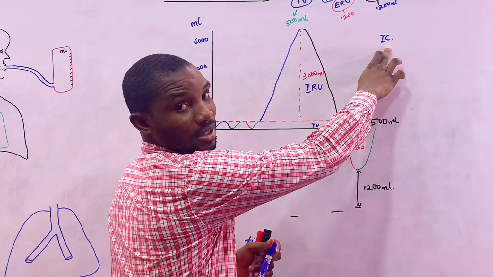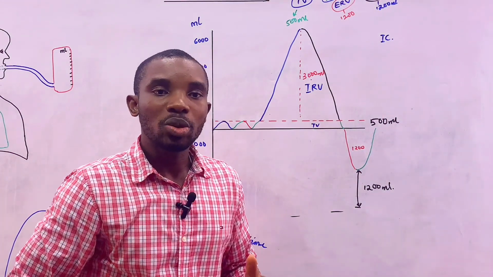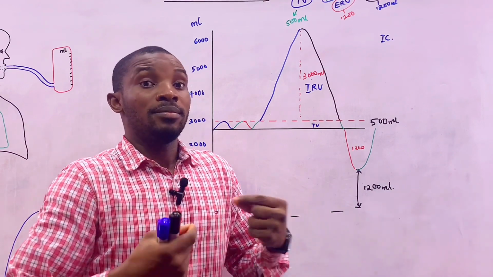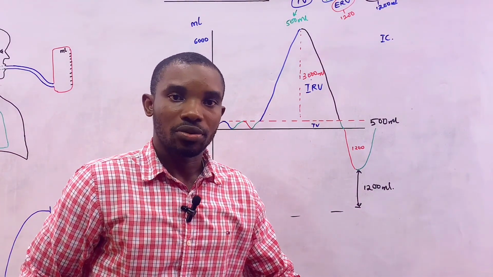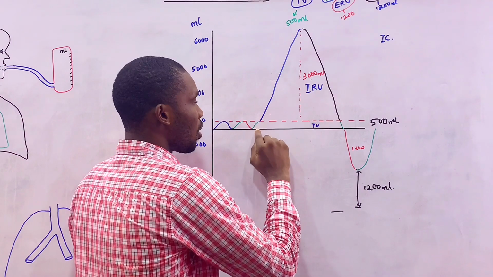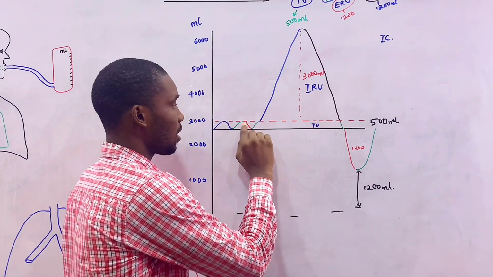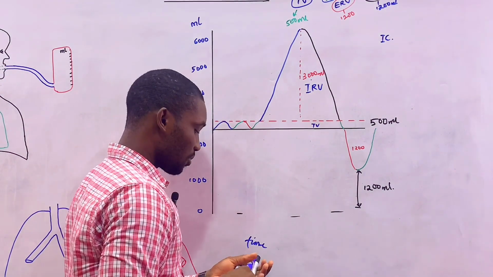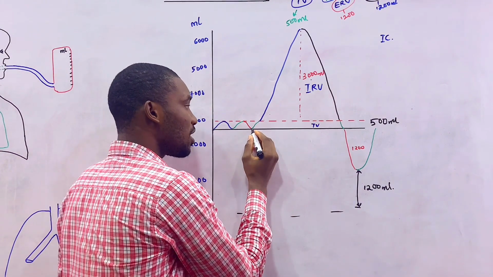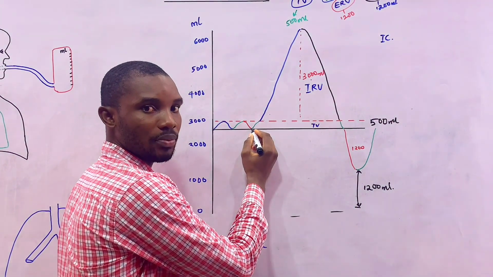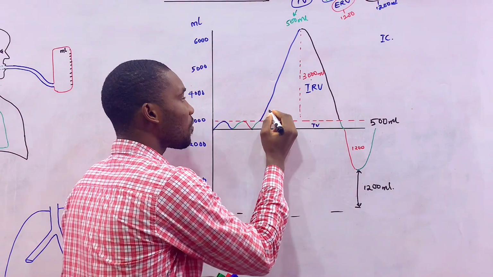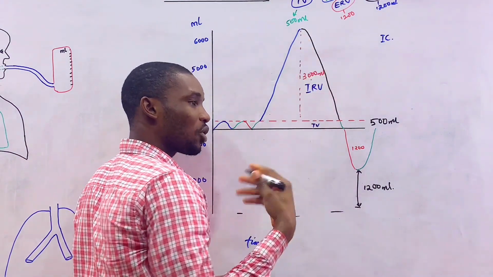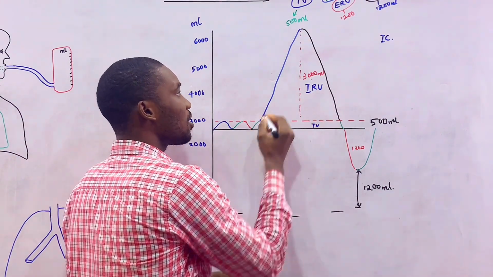Inspiratory capacity. So inspiratory capacity is the maximum amount of air you can inspire after normal expiration. This baseline here is your normal expiration, and the maximum amount of air you can inspire after normal expiration, that's from here to here.